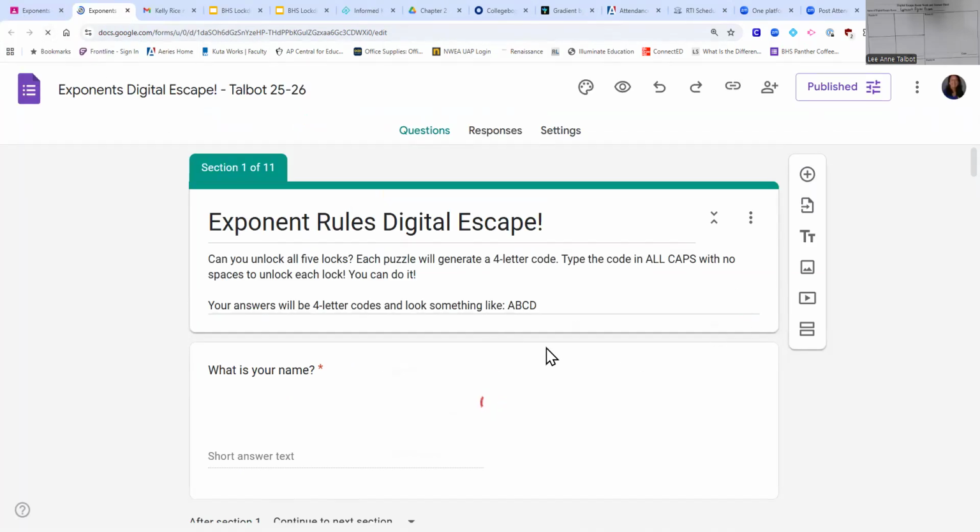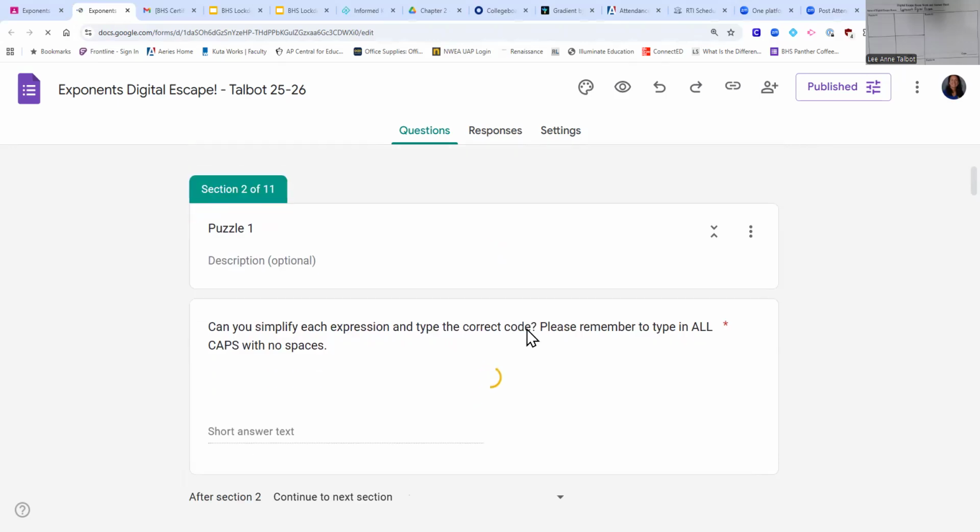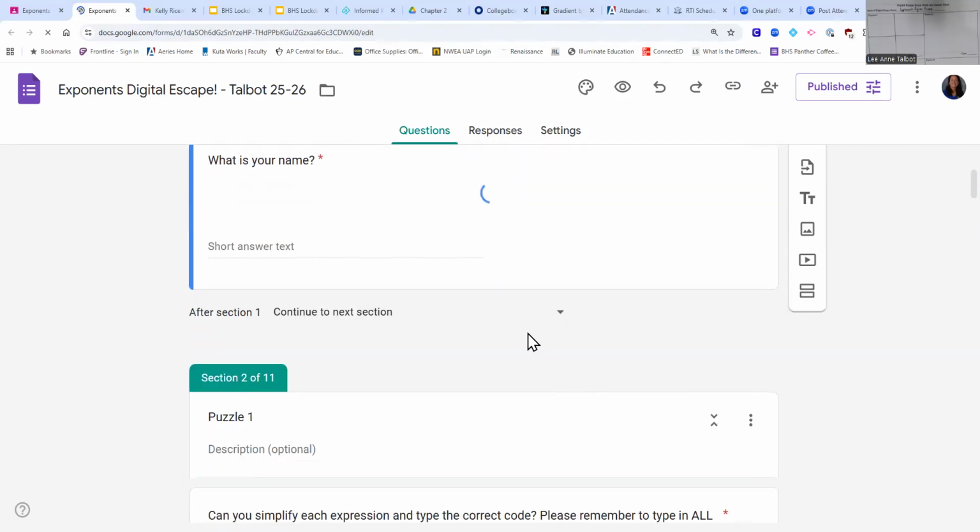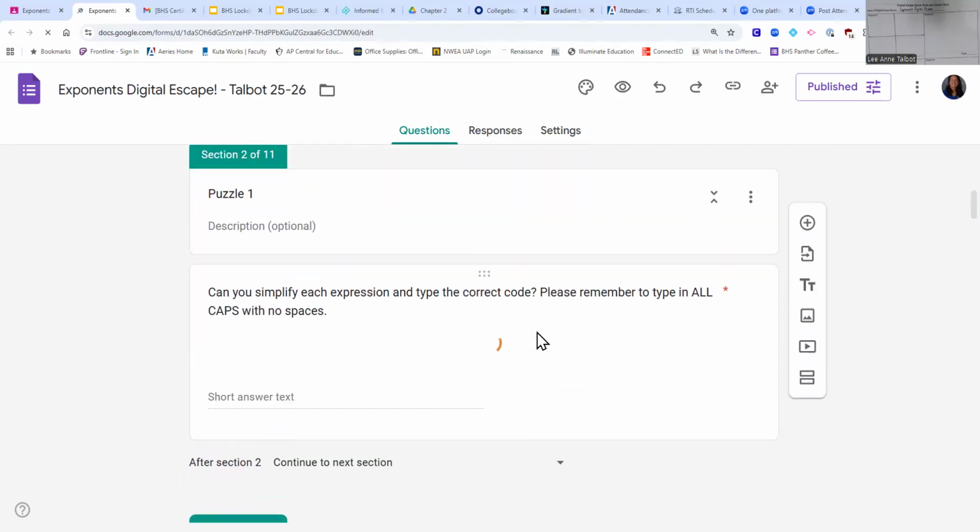Shouldn't be this much trouble for it to. Aha, okay. Oh goodness, it's really struggling. Is it the Wi-Fi? Probably.